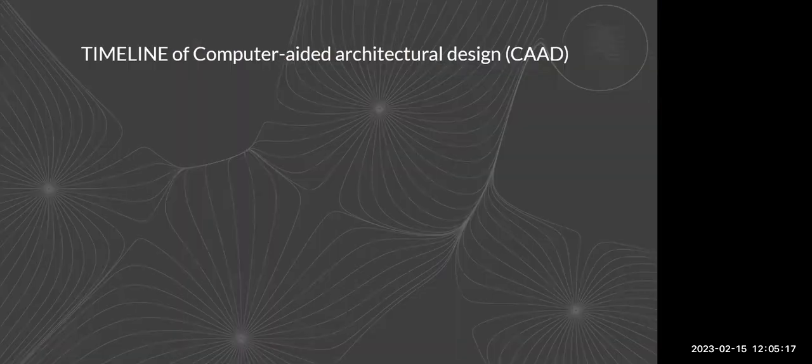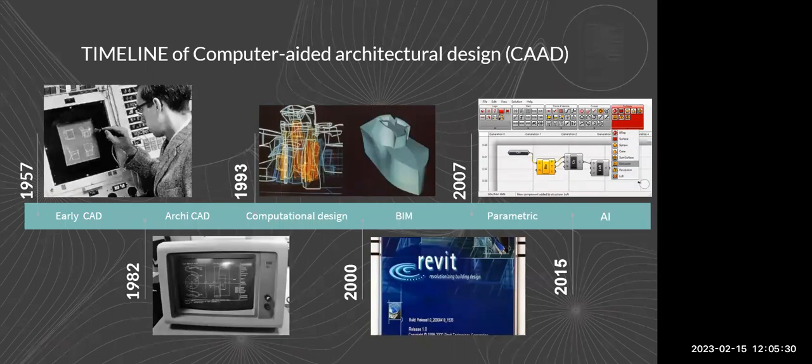So when exactly did parametric design enter the architectural field? The first application was Sketchpad, used in 1957. Then ArchiCAD was introduced in history as a first CAD program. It helped the architects and the engineers and the designers to draw 2D and 3D drawings.